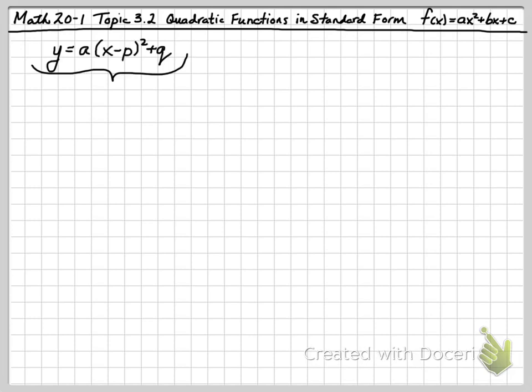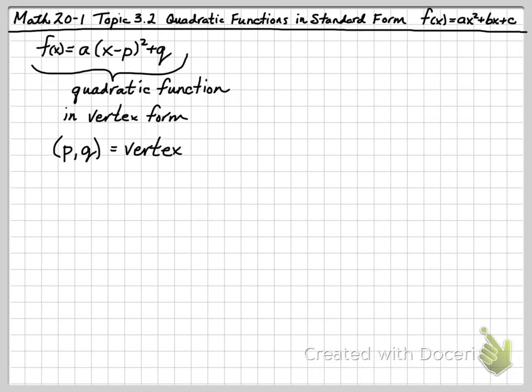We know that y equals a times (x minus p) squared plus q, or f of x equals a times (x minus p) squared plus q, is a quadratic function in vertex form. The points p and q are going to be the vertex.